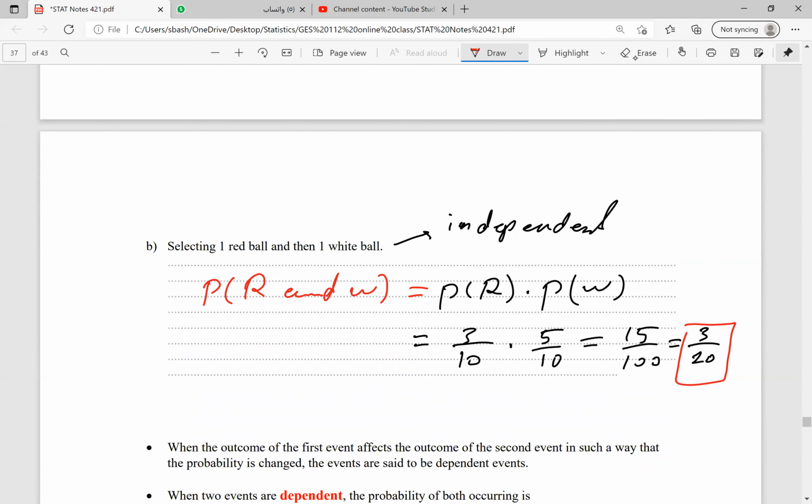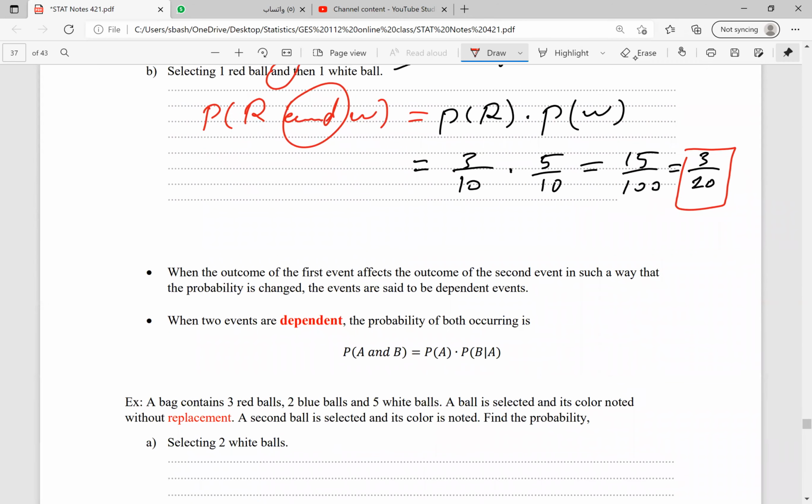So getting red and white again means multiplication. So it is P of R, red ball, multiplied by probability of getting white. That will be 3 out of 10 multiplied by 5 out of 10. That will be 3 over 20.